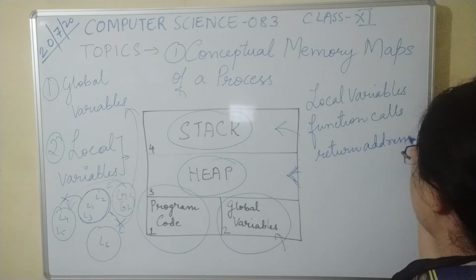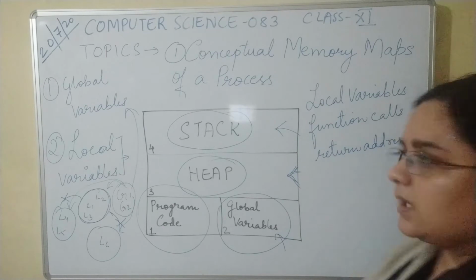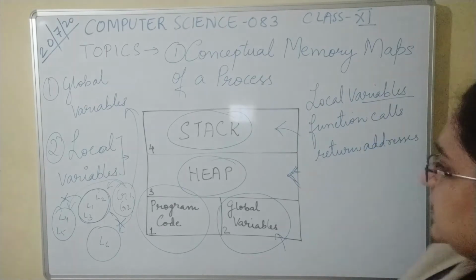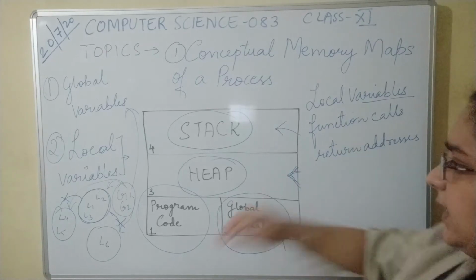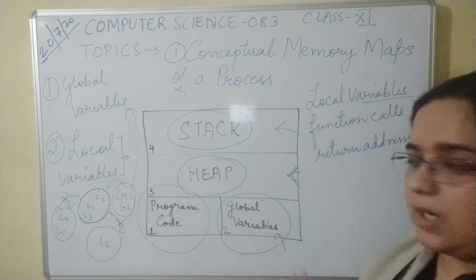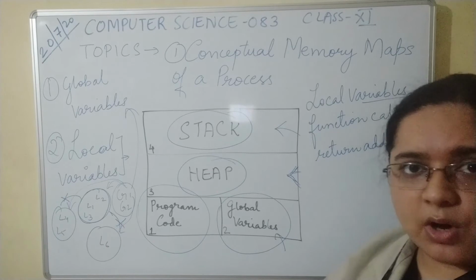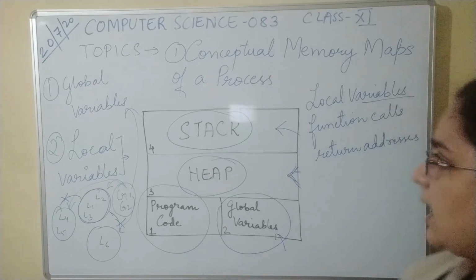All these things are stored within stacks. When we talk about local variables, you have already understood the concept here, although it is a very superficial concept right now because we haven't gotten into programming as of yet.